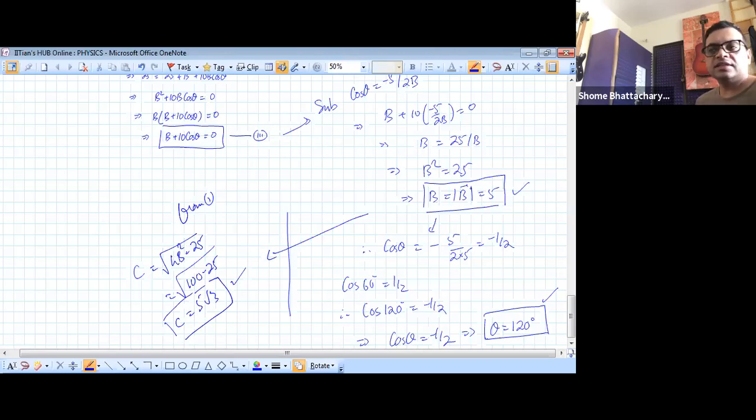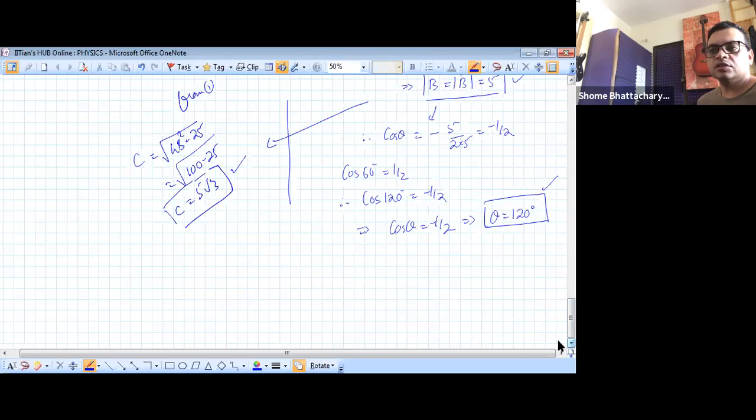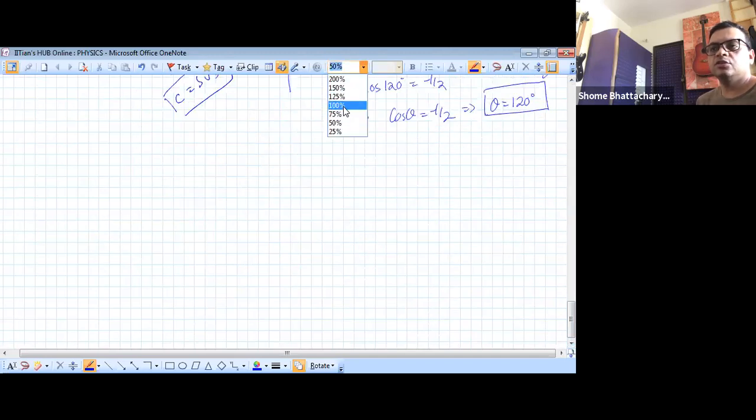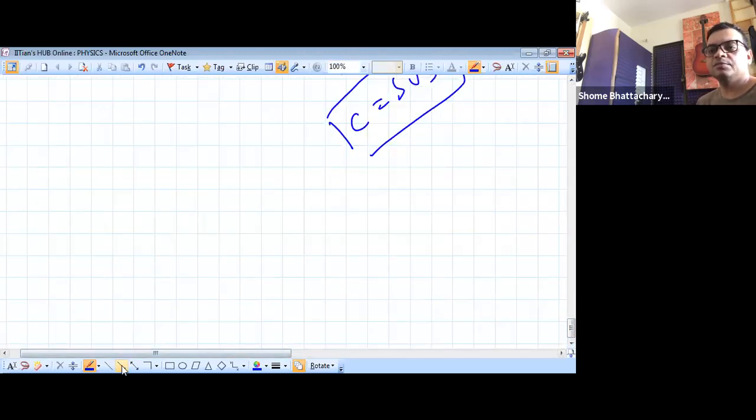Yeah, how do we know theta is the same in both the cases? We know because, see, which are the 2 vectors we are talking about? We are talking about the vector B and the vector 2B. So both are like this, no? They are parallel vectors. So this is the vector B, this is the vector 2B.